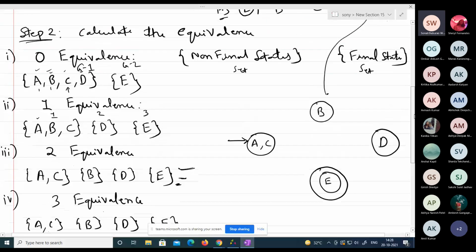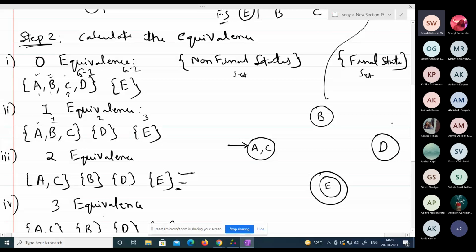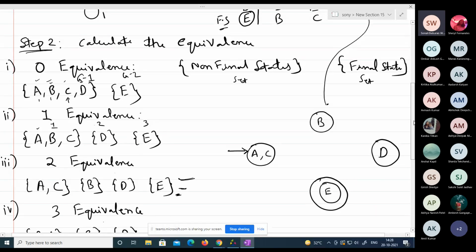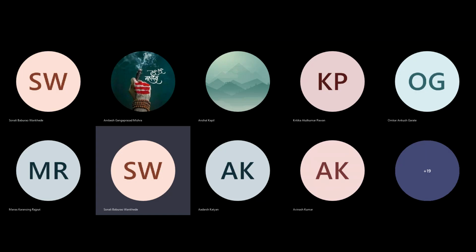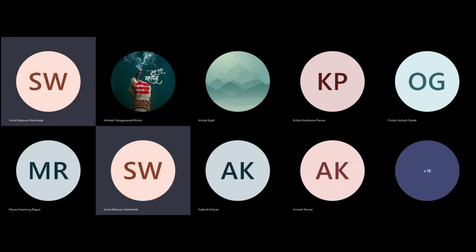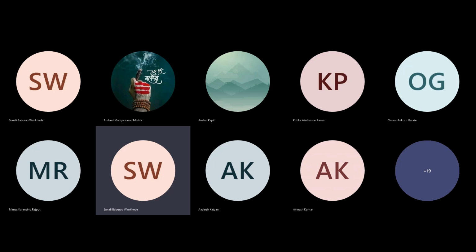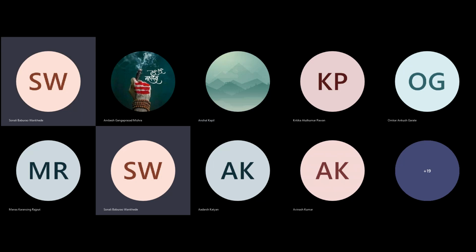Now I'll write all the values here. Just check your DFA in the transition table. A gives 0 to B, and C gives 0 to B, same thing.